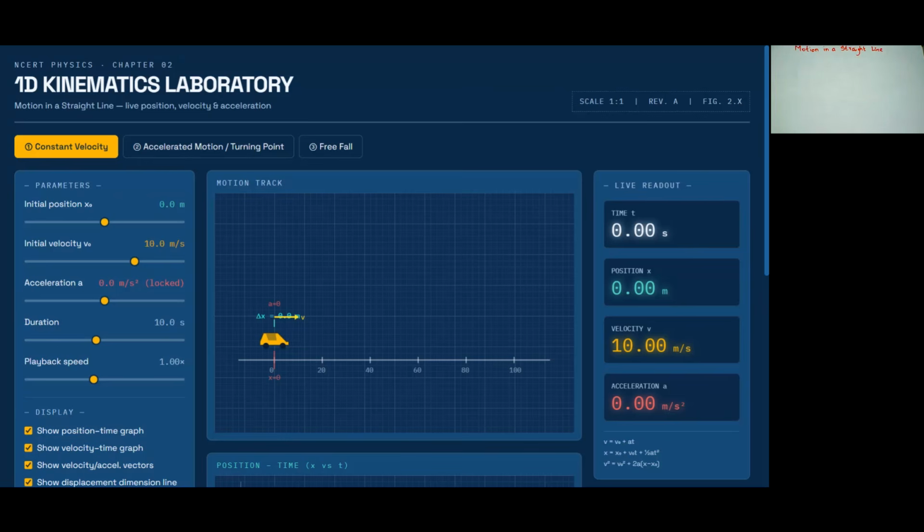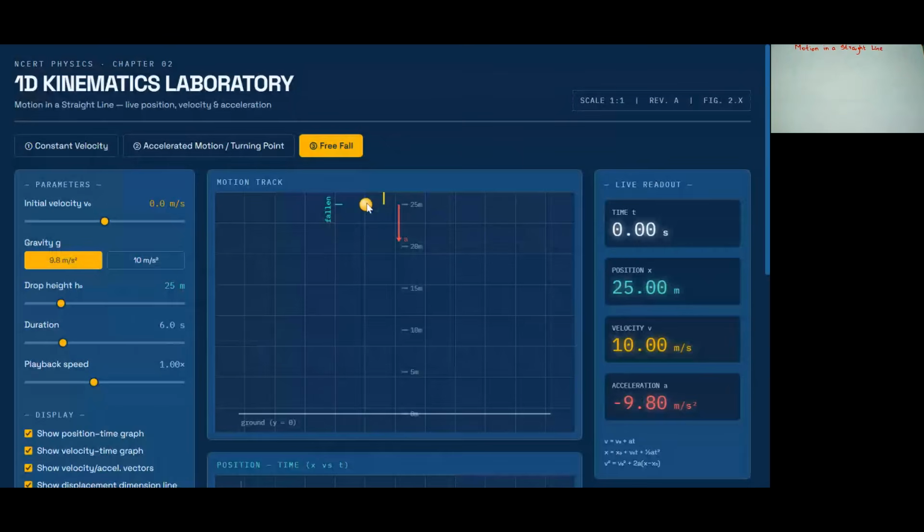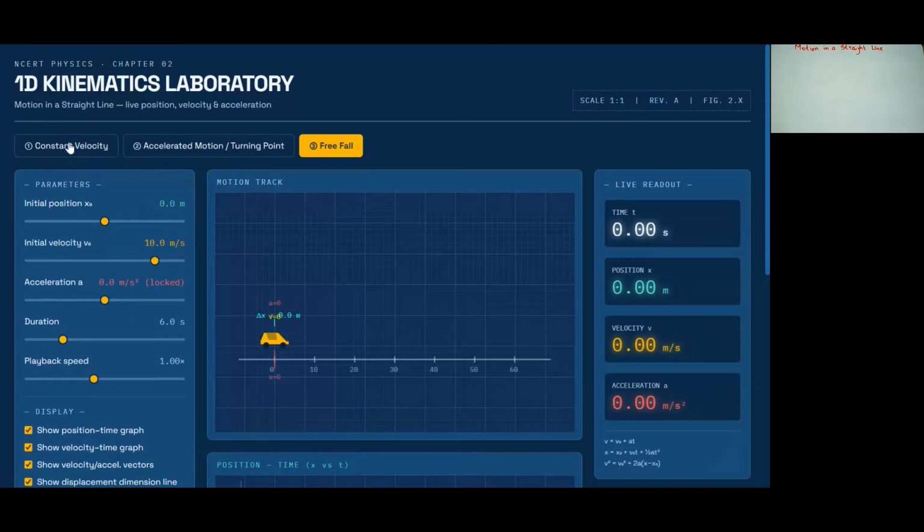Keep this in mind. Here you can see one yellow car and a golden ball. What you are about to see are both just point objects standing in for the real thing.